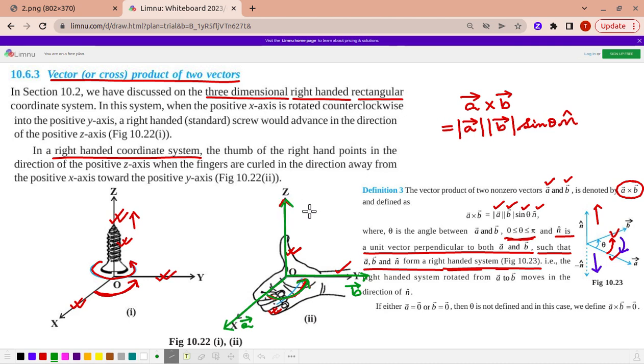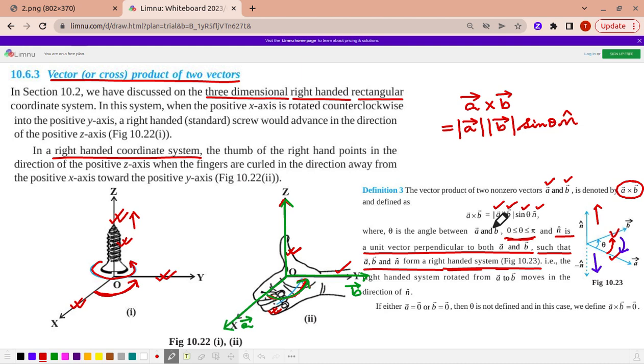Correct. So in this case the angle is 90 degrees, but in general if the angle between the vectors A and B is theta, then A cross B is equal to mod A into mod B into sin theta into n cap, where n cap is the vector perpendicular to both the vectors A and B. Also you can say that n cap is the vector perpendicular to the plane containing the vectors A and B. So when you have two vectors A and B, you can draw a plane containing these two vectors.